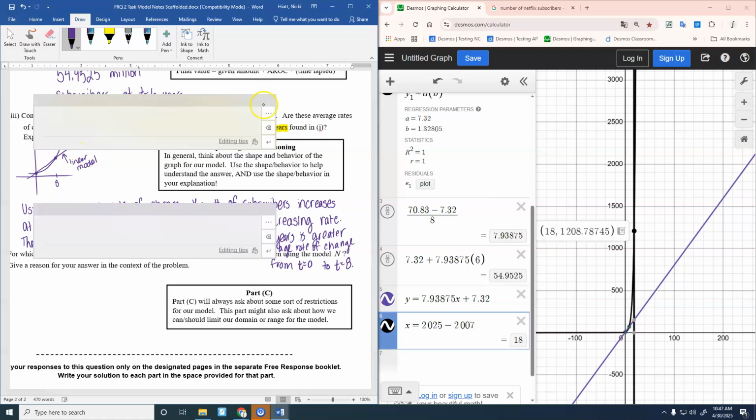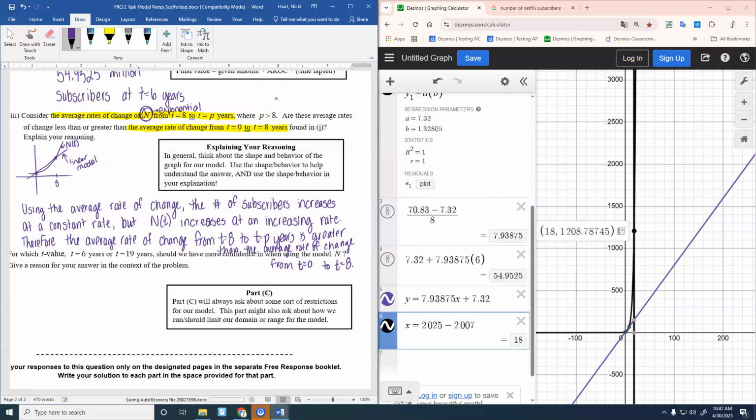In this particular case, are we going to have more confidence when we plug in 6 to our equation or when we plug in 19 for our equation? 6.